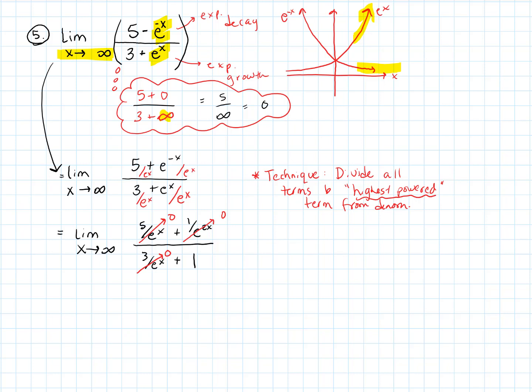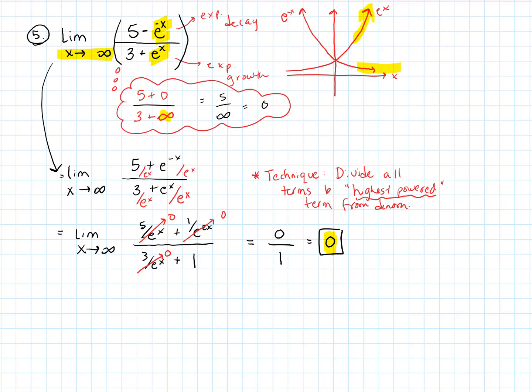That's just mathematically a way to say we're dividing by something that is growing without bound, just getting infinitely large. And then, of course, the constant stays the constant. So what I end up with here is 0 divided by 1, and 0 divided by 1 is definitively 0. And that is my answer.